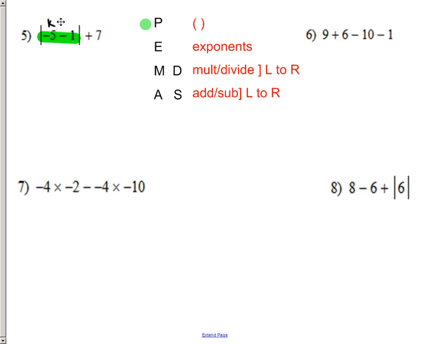Well, -5 plus -1 is what that turns into. But we still have the absolute value sign there. So no exponents, no multiplication or division. We're just left with addition and subtraction.